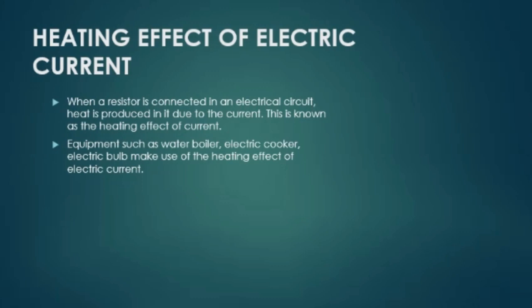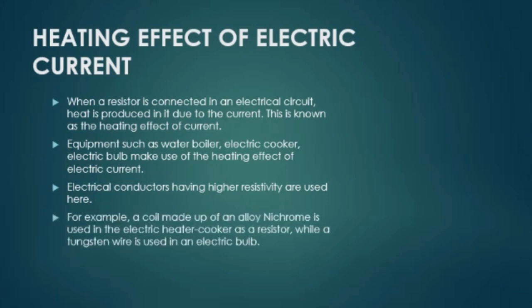Equipment such as a water boiler, electric cooker, and electric bulb make use of the heating effect of electric current. Electrical conductors having higher resistivity are used. Obviously, the substances used for producing the heating effect will be electrical conductors having higher resistivity.